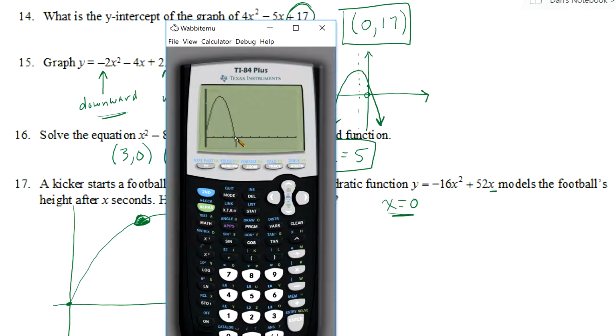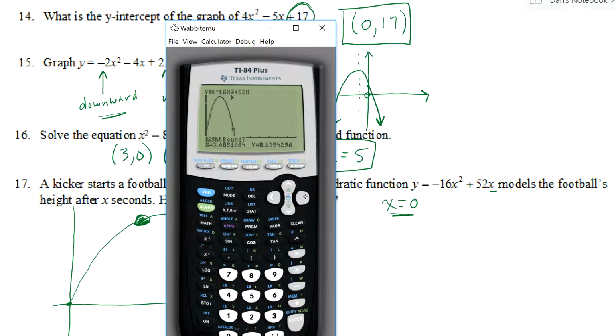So I want to know what this point is right here. It looks like it's 3 point something, 3.1, 3.2. But I can do second calc, and that's 0, and go left until there's a cursor above that point.